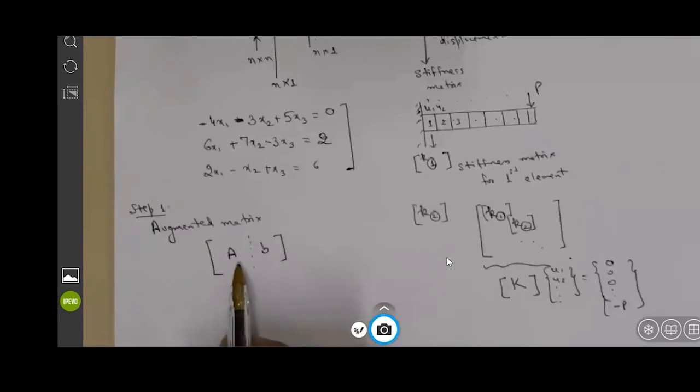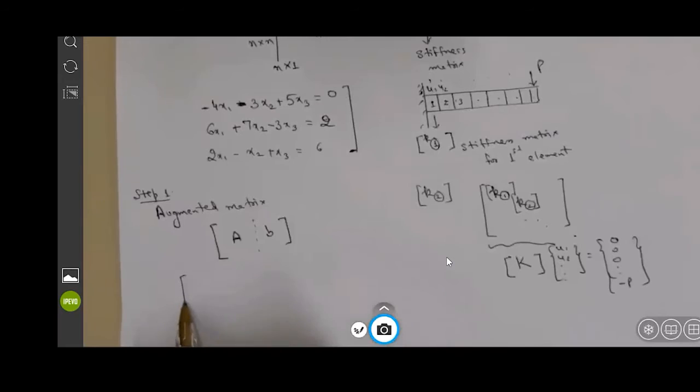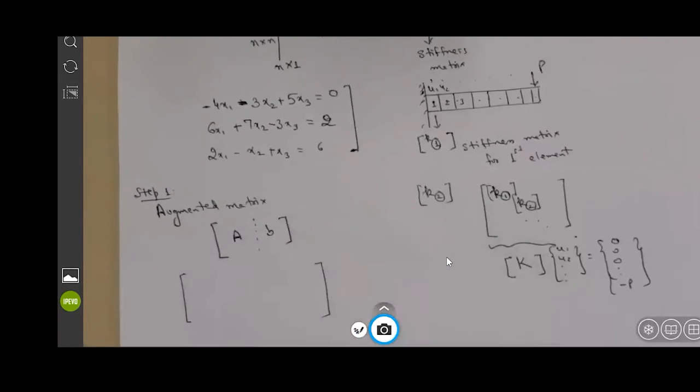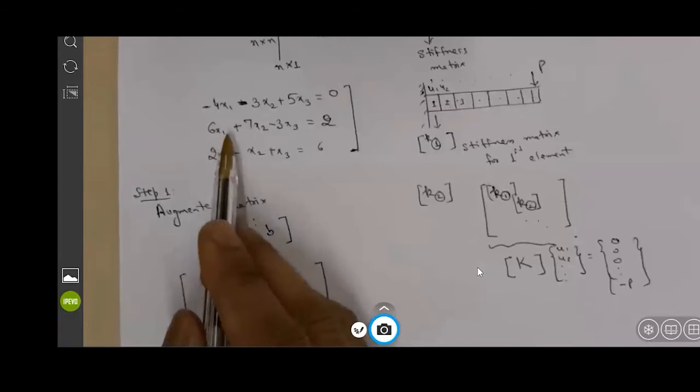So what is my A matrix? Let me ask randomly. Kenneth, can you help me write what will be the elements for the A matrix, according to those equations up there?